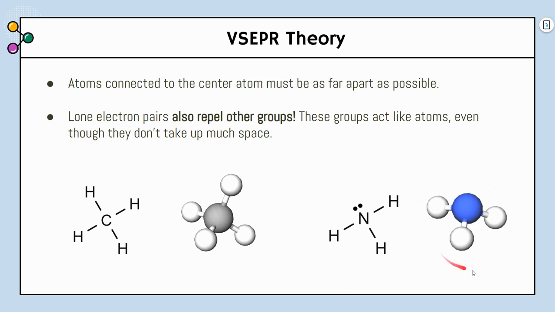And the NH3 has the same shape, except this top group is no longer a hydrogen. It's now just taken up by the space of the lone electron pair. So imagine this lone electron pair hanging out on top of this molecule. It would end up being a similar shape to CH4, just the lone electron pair we don't represent in the drawing.